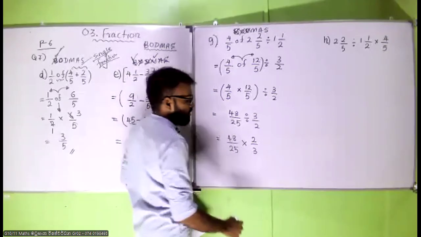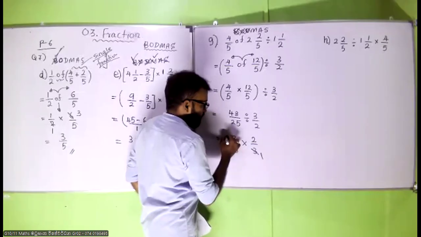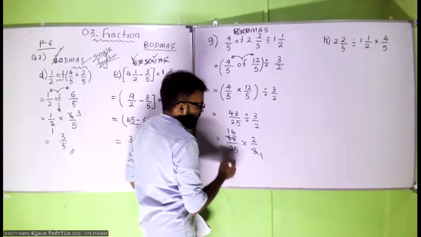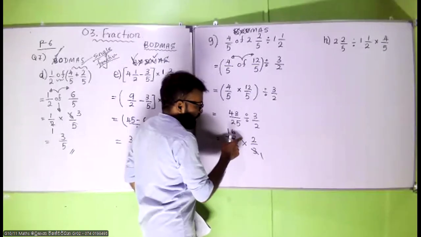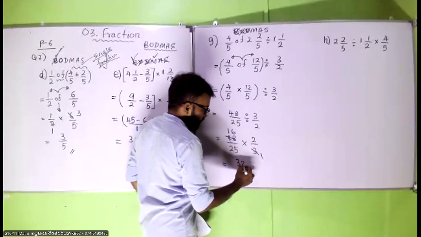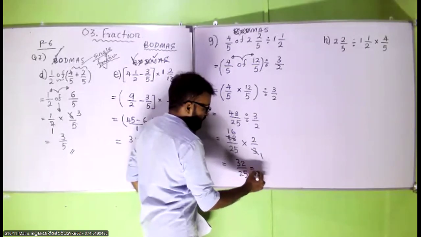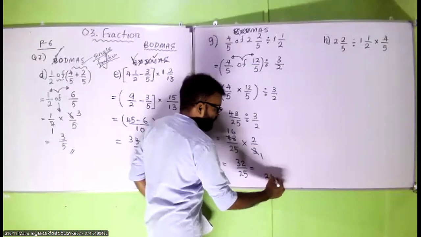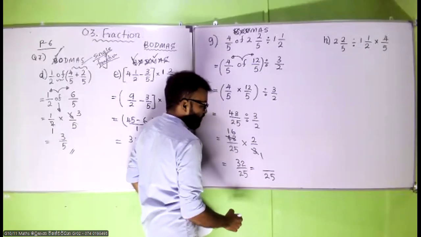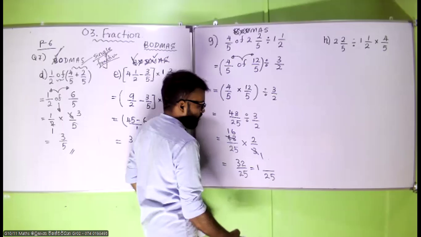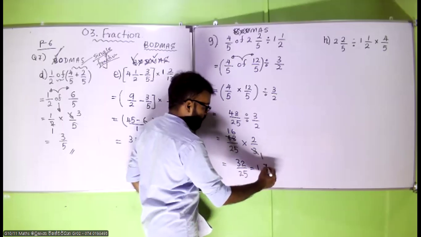Yes. 3 times 1, 3 times 16. Numerator 16 times 2, 32. 25 times 1, 25. Improper fraction, you can keep this as a mixed number. How many 25s are there for 32? 1. What is the remaining part? 7.